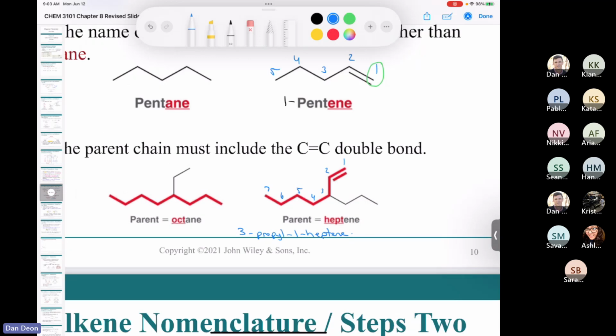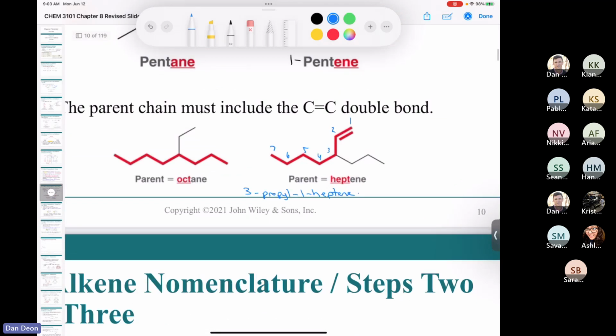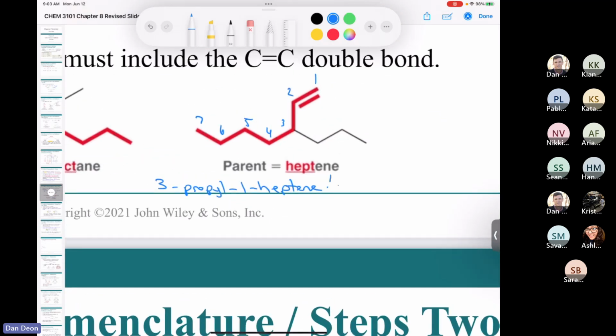Now you probably noticed that there was a rule here where it said you can put the double bond locant, which is its number, before the name or just before the -ene suffix. You could call this compound 3-propyl-1-heptene, or you could call it 3-propylhept-1-ene.